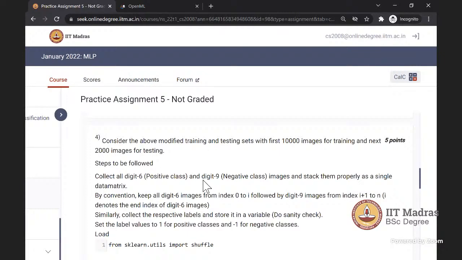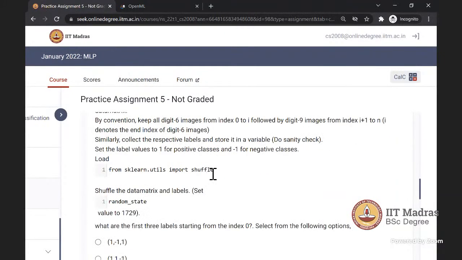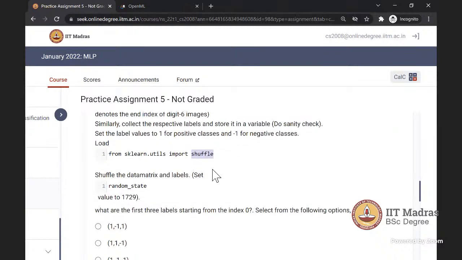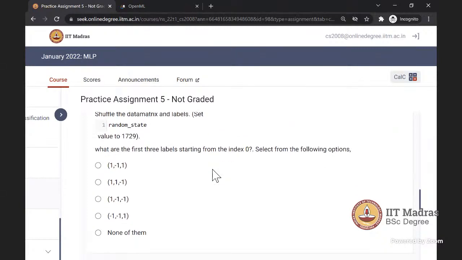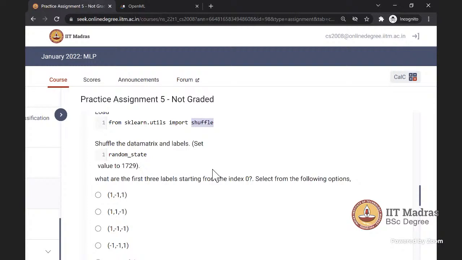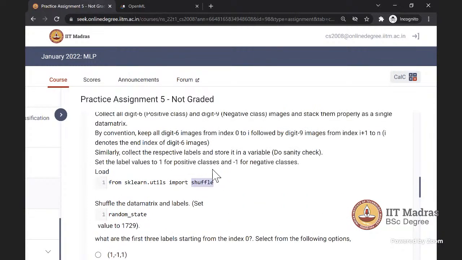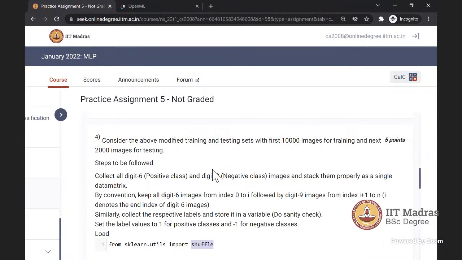Yeah, this shuffle is done. So all these things we have to do with some loops or manually, right? We have to code these things. Wherever the class is 6, we label it 1, and for 9 we label it -1, right? Not loops at all.